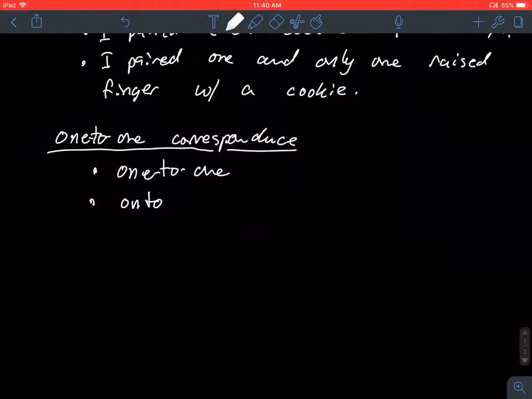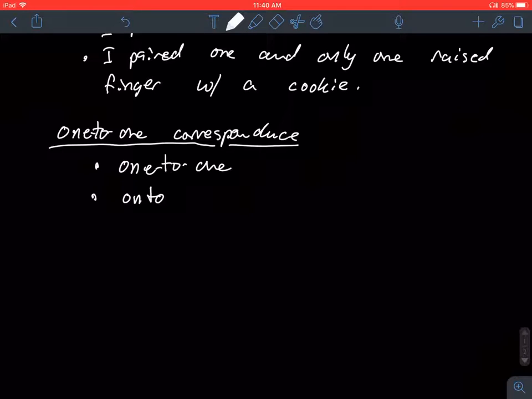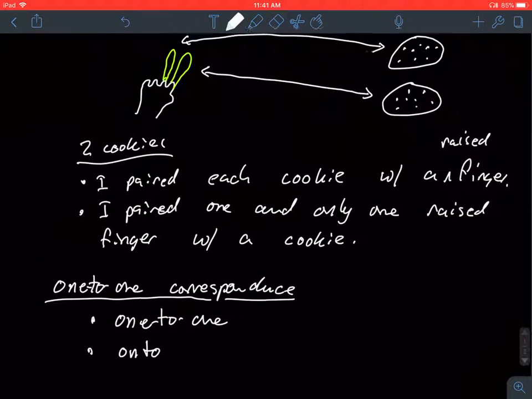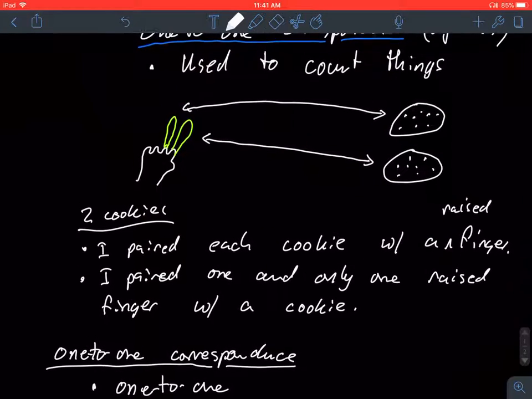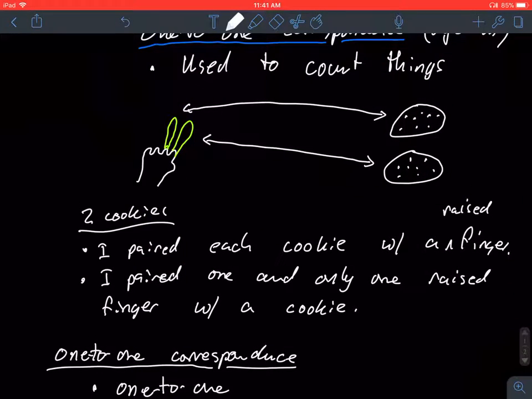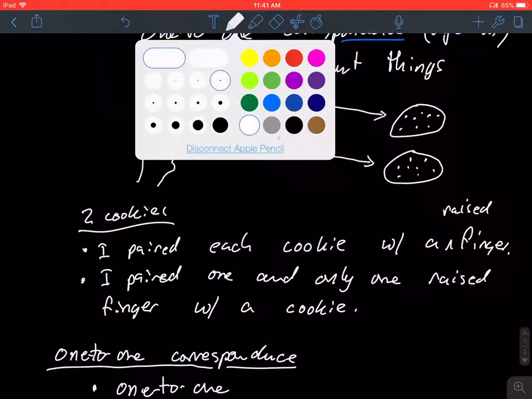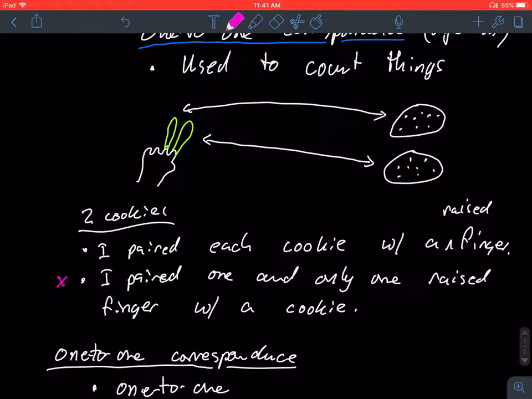I don't know if I want to get into the real technical explanations of what these are, but you can see that this example is one-to-one because, like I said down here, I paired one and only one raised finger with a cookie.